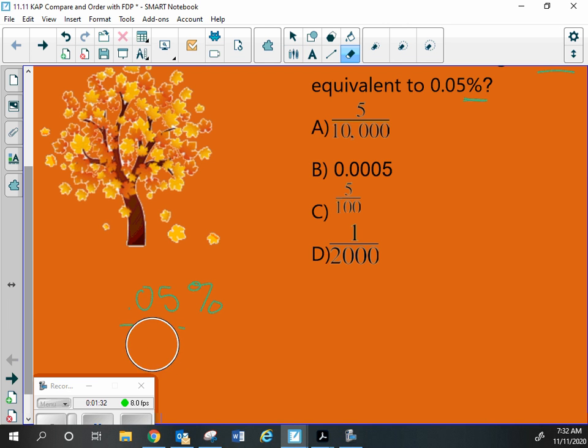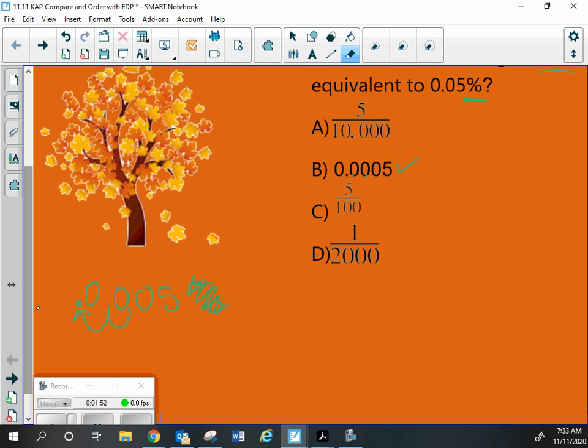If you remember our powers of 10, when I divide by 100, that's going to move my decimal place 2 places. Add 2 zeros, and that percent goes away. So that's 3 zeros and a 5, 3 zeros and a 5. So that one is equivalent, okay?